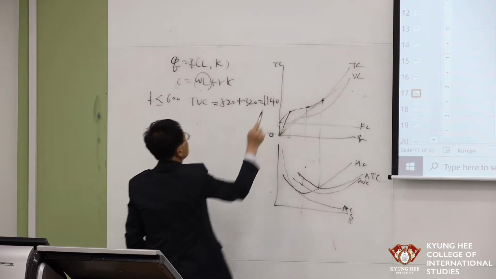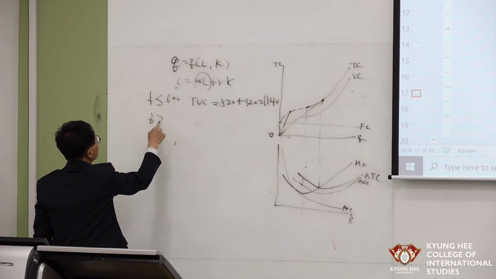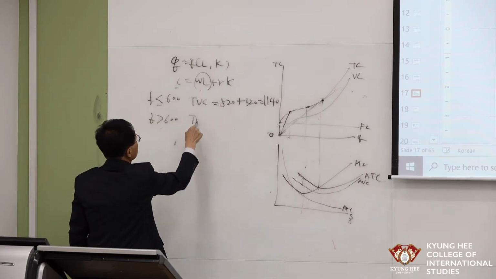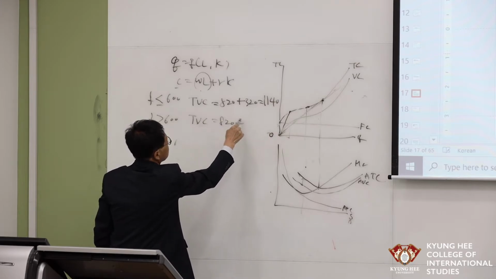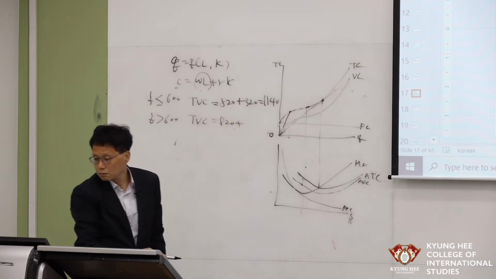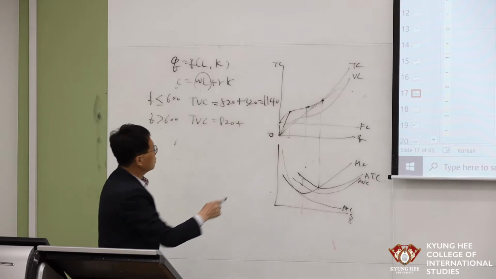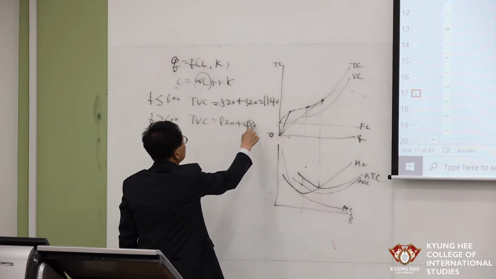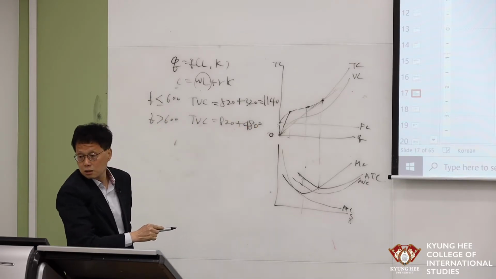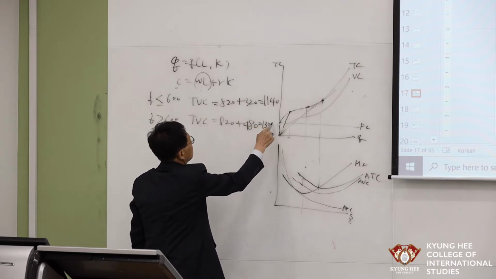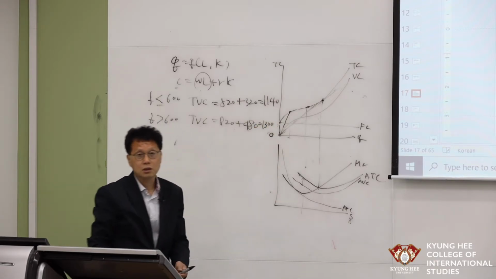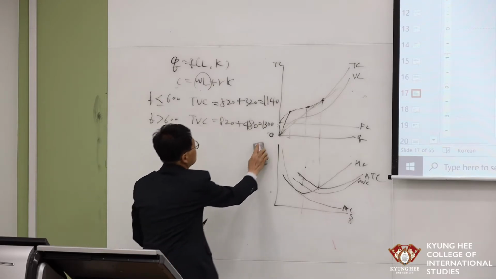But if you produce more than 600, total variable cost is 820 plus 480, so 1300. Okay? The cost is different.